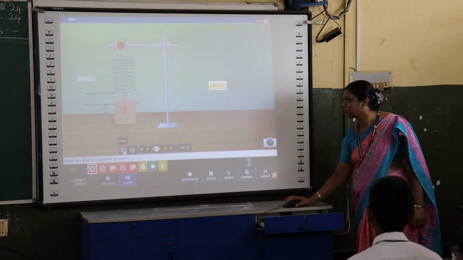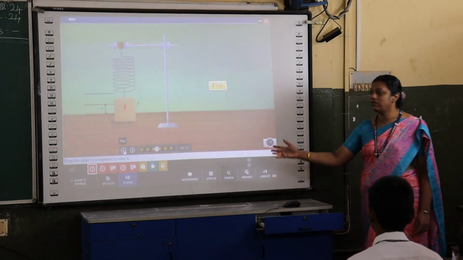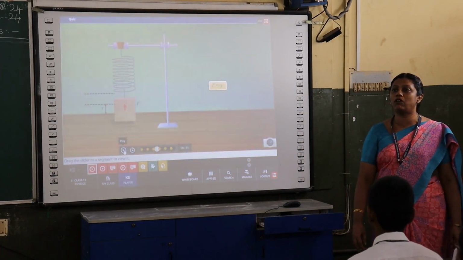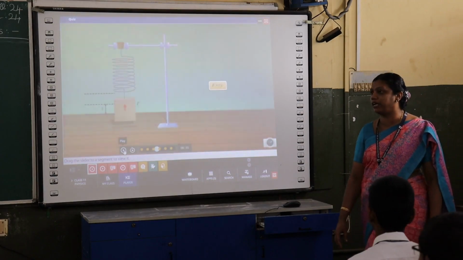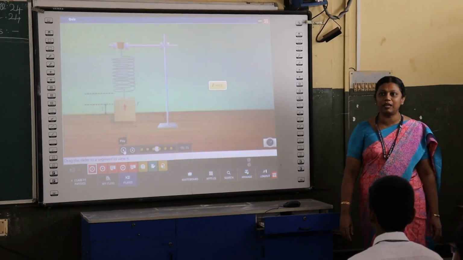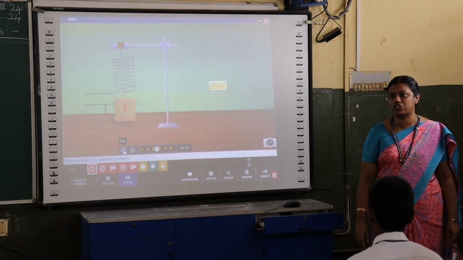The restoring force is always directed towards the equilibrium position and hence is opposite to the displacement of the body. Now what we see is the definition for simple harmonic motion. An oscillatory motion is said to be simple harmonic when the restoring force developed in the body is directly proportional to the displacement of the body from the mean position.